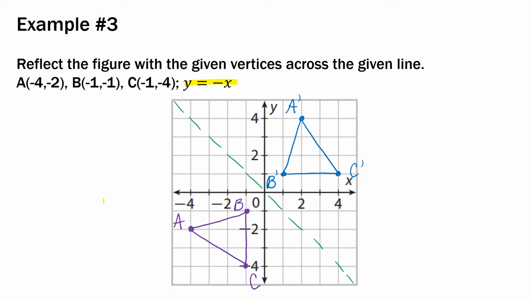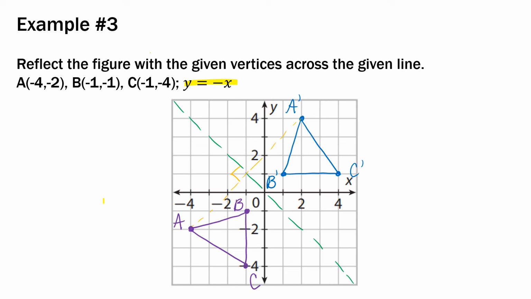Another way to look at this, and this would help you with any line, is I've got to flip my point along a line that is perpendicular to the line I'm reflecting across. So what does that mean? Well, I've got to flip it along this line from A to A', because that line is perpendicular to the line I'm flipping across.